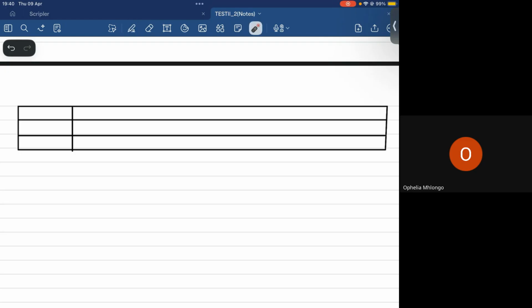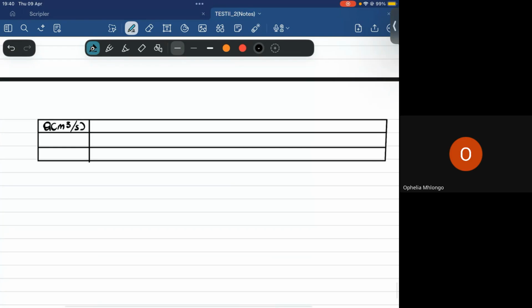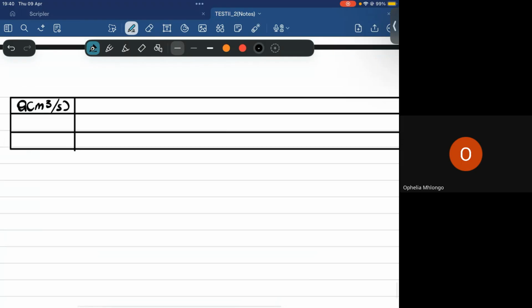So on our first row, we'll have the readings of the volumetric flow rate measured in cubic meters per second. Our first volumetric flow rate will be 0 cubic meters per second. Since I'm using the equidistance scale of 0.01, that will be followed by 0.01.